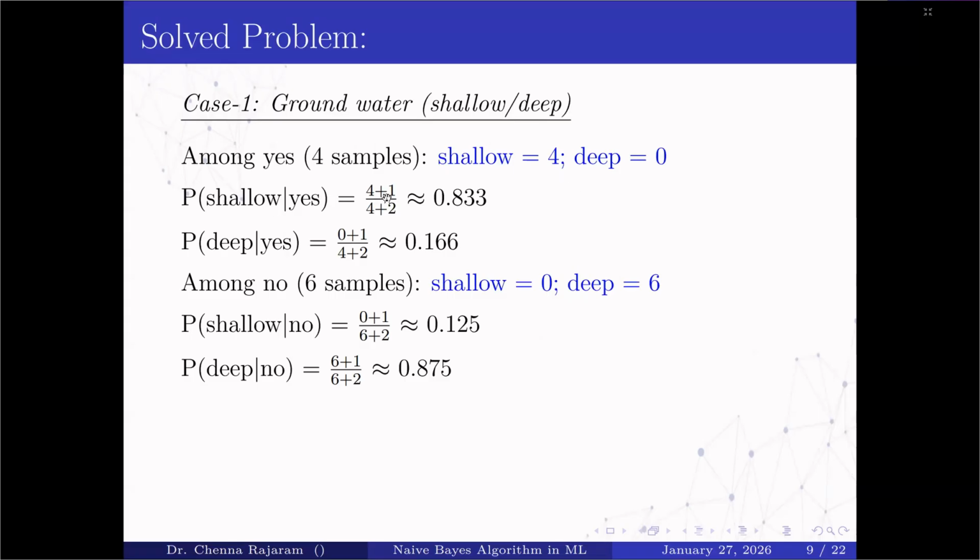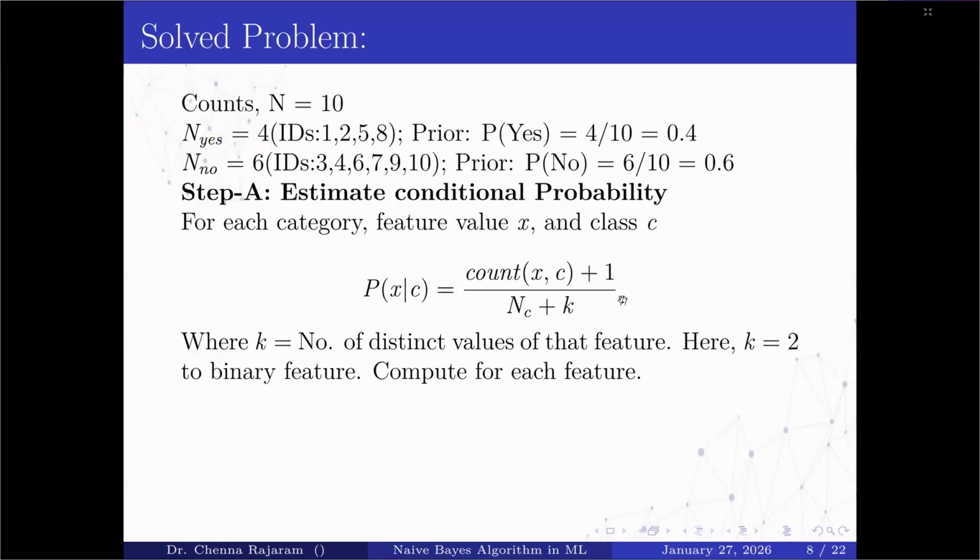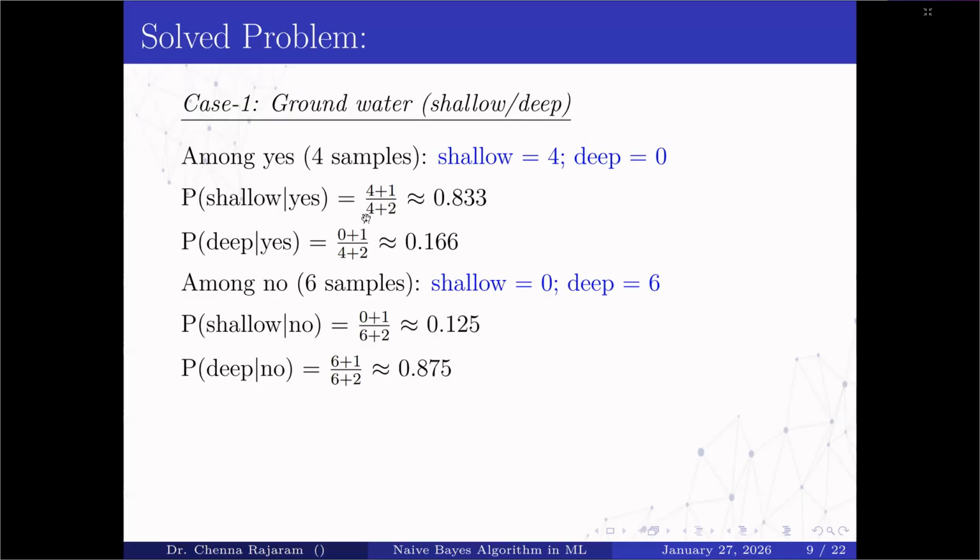So shallow plus 1 divided by nc plus k. Nc is the number of counts, and k is equal to 2 in this problem. So that is 4 plus 1 divided by 4 plus 2, so 5 divided by 6, which is equal to 0.833.